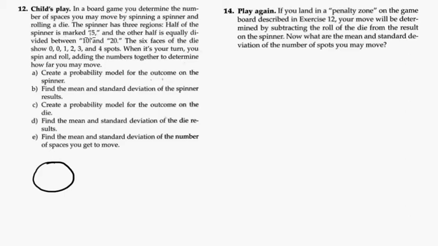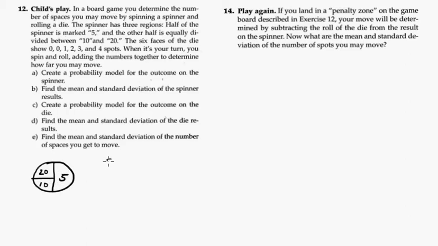Half of the spinner is a 5, a quarter is a 10, and a quarter is 20. Like a game, you spin it. They want a probability model for that.